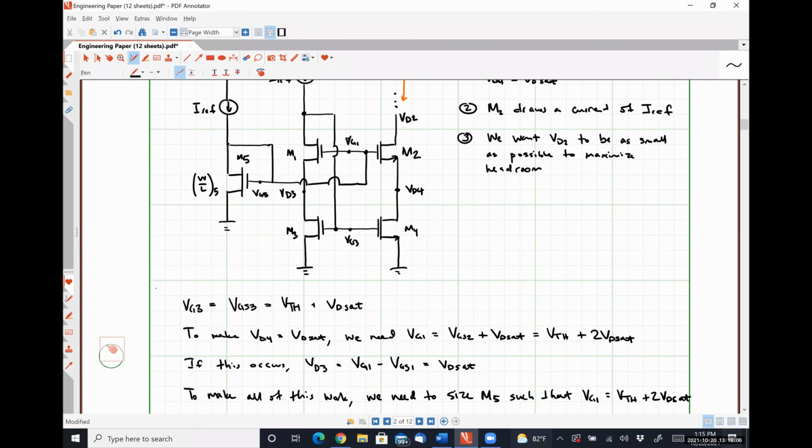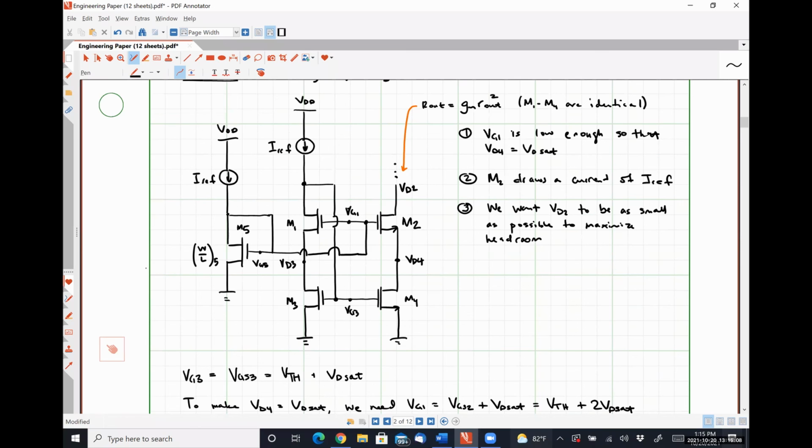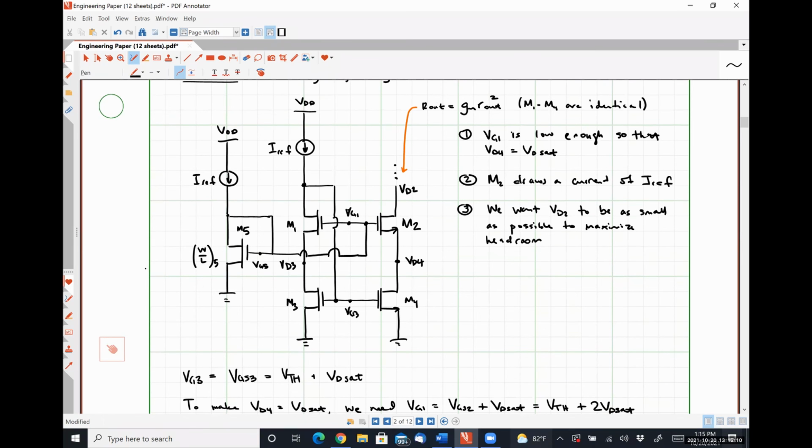One thing that I want to mention to you guys, all of this derivation is based on the fact that transistors M1, M2, M3, and M4 are all of the exact same size.